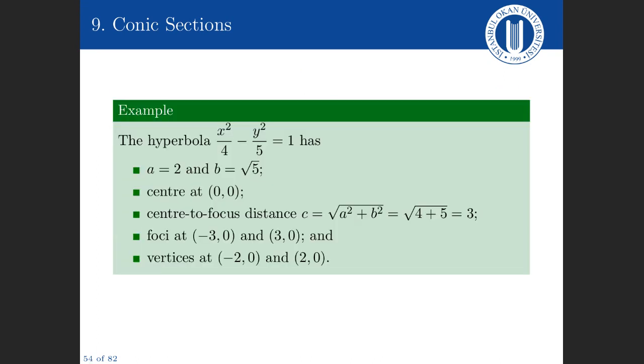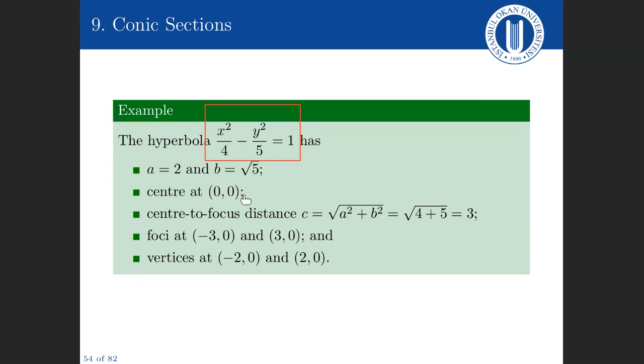For example, the hyperbola x squared over 4 minus y squared over 5 is equal to 1. Four is a squared, so a is 2. 5 is b squared, so b must be the square root of 5. Where is the center? The center for all of these is at 0, 0.